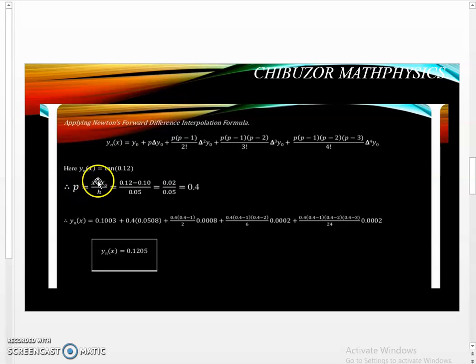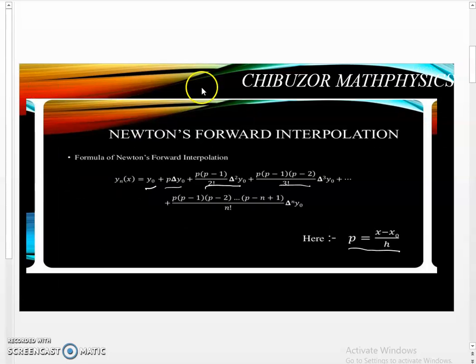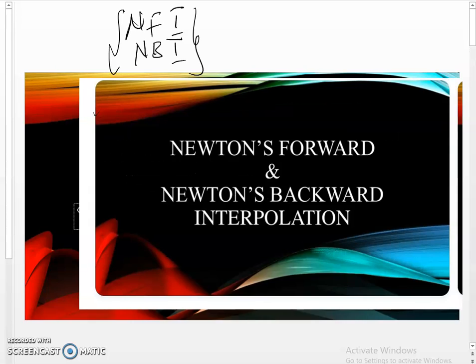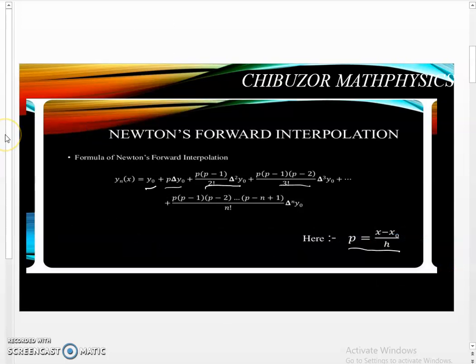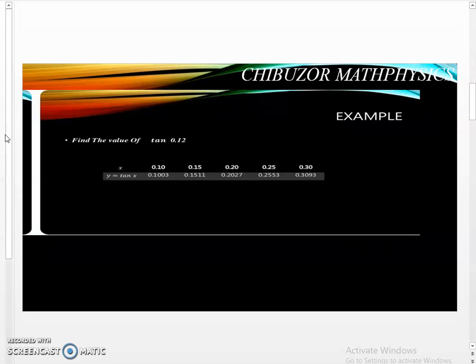So p is given by x minus x naught divided by h. Our value for x is given in the question because we are to evaluate tan at 0.12. The question says find the value of tan at 0.12. So this becomes our x.